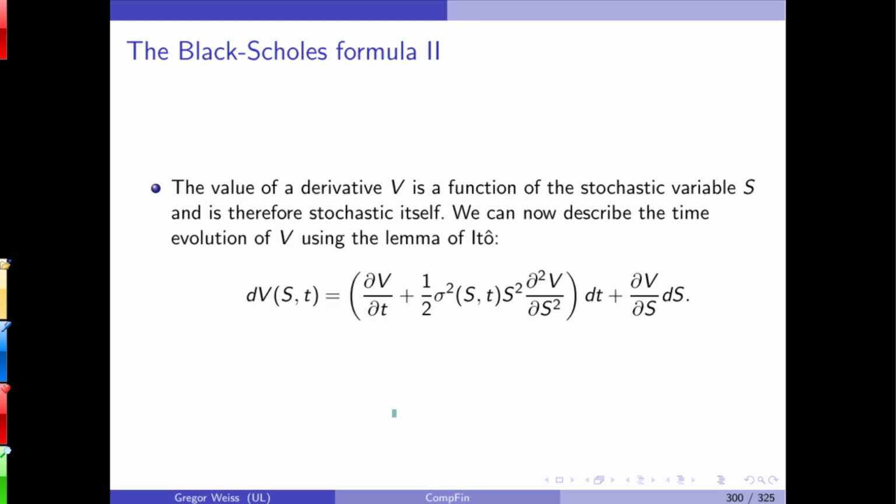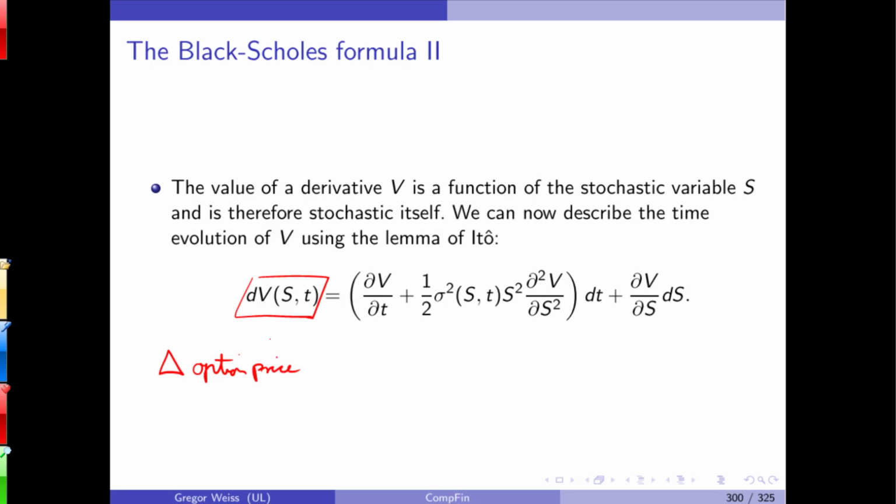And then what happens? We know from Ito's lemma that the change in any function of S and t is given by this, a different diffusion process. This is the delta, the option price.